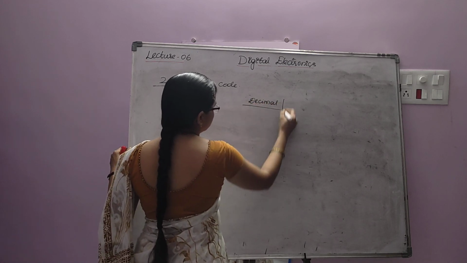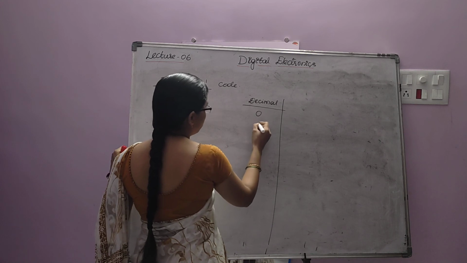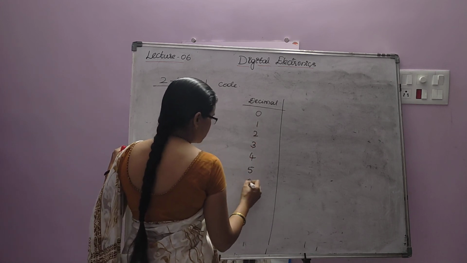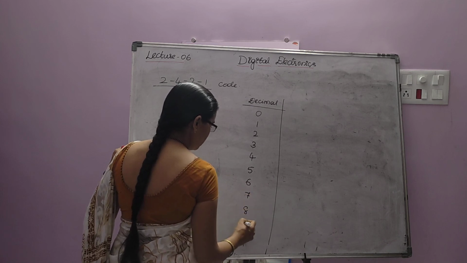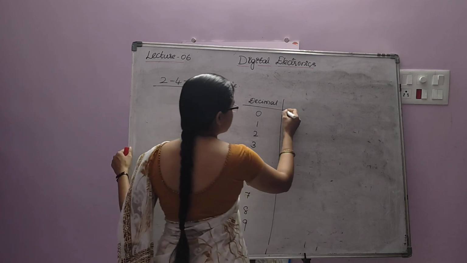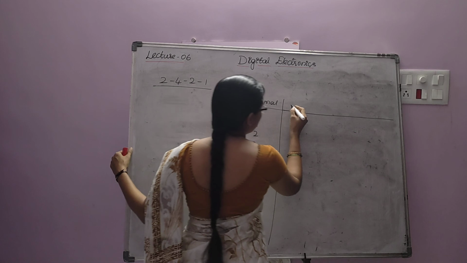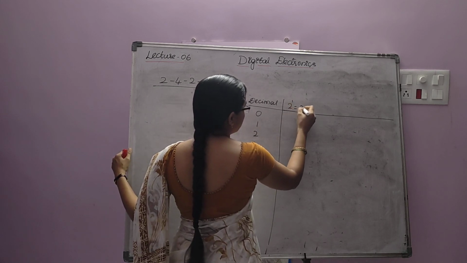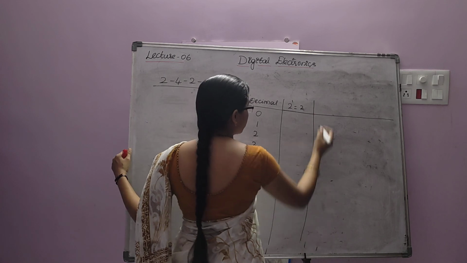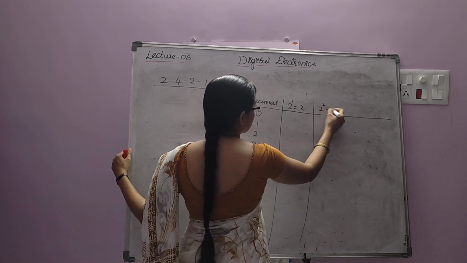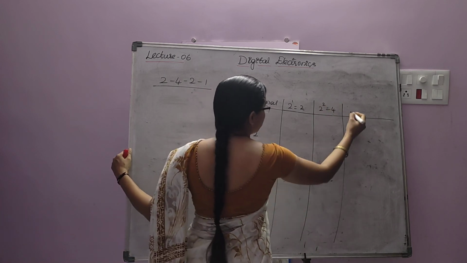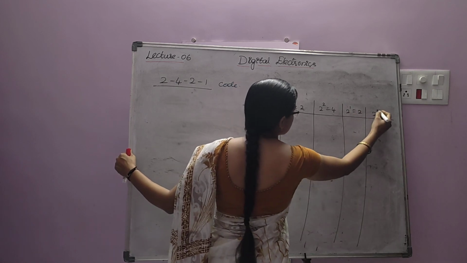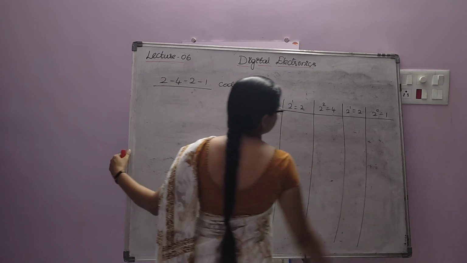Decimal digits from 0, 1, 2, 3, 4, 5, 6, 7, 8, 9 represented using 2421. 2 power 1 is equal to 2, 2 power 2 is equal to 4, 2 power 1 is equal to 2, 2 power 0 is equal to 1.